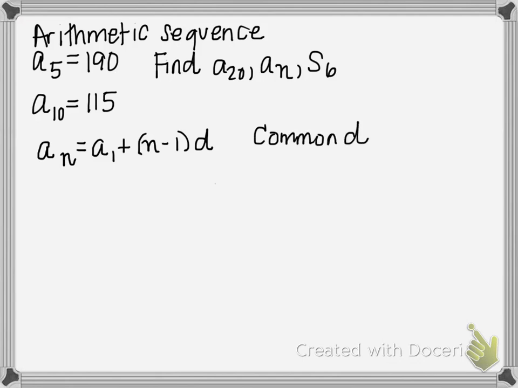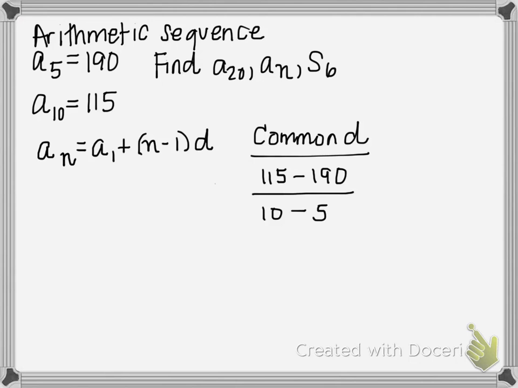and I can find that by finding the difference between the 10th term and the 5th term and dividing by how many spots separate them. You know, this is very similar to finding the slope of a line, if you think about it.